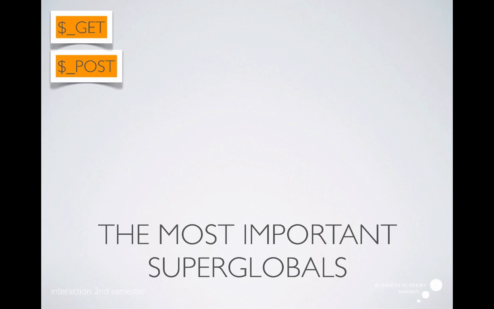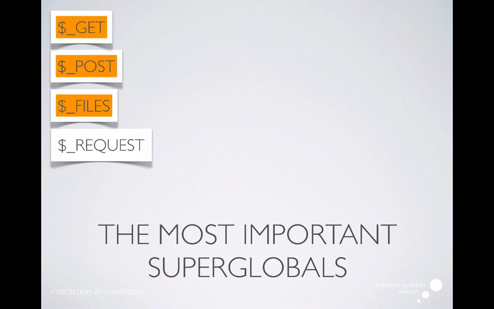Post, you will use a lot. Files, you will use a lot if you upload files. Request, not that much, I hope. Session, perhaps if you make a shopping cart or a login section, you will need session.